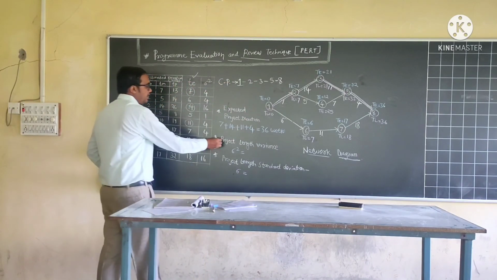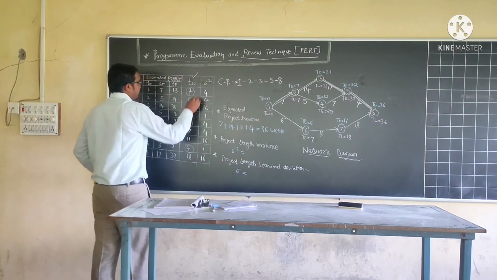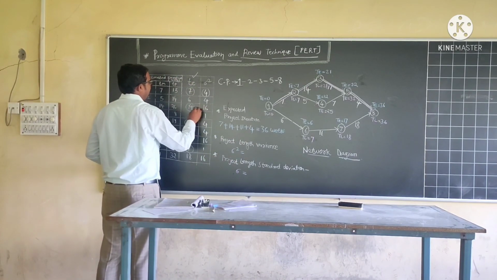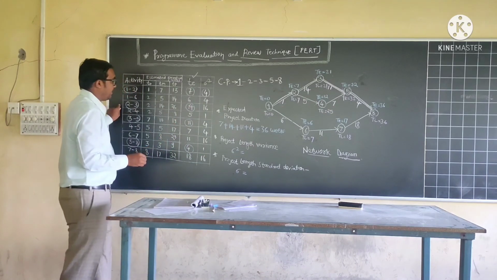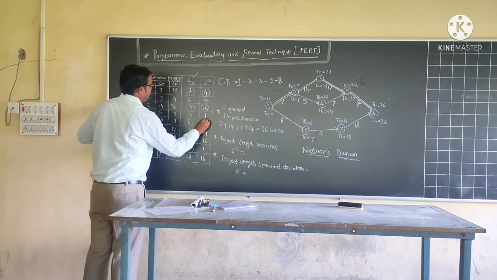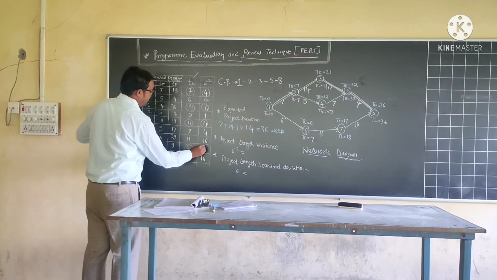Also similarly, project length variance sigma square. So similarly you can circle sigma square values in front of the critical path activities. 1 to 2, 4; 2 to 3, 16; 3 to 5, 4; and 5 to 8, lastly 1.